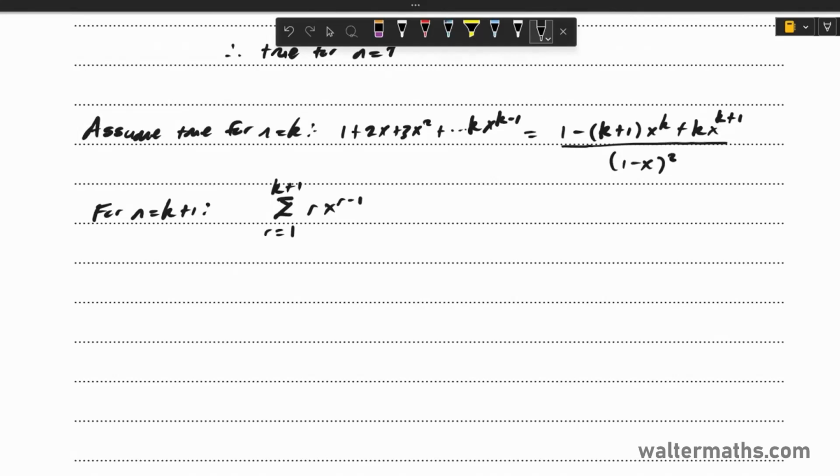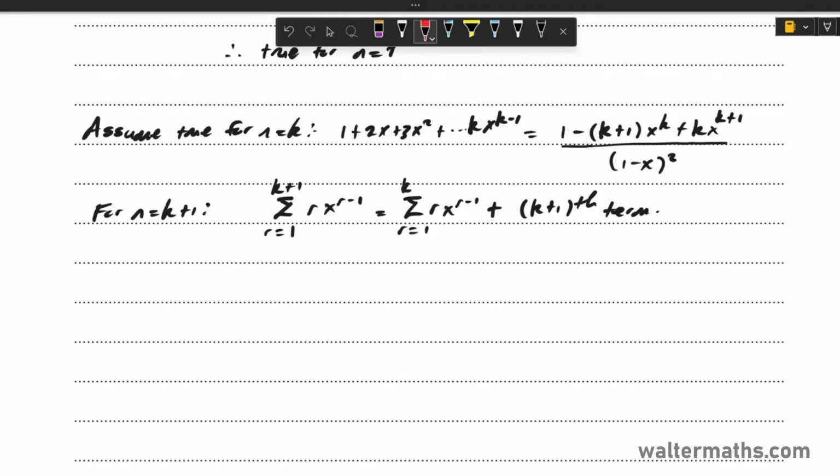Now this is going to be the same as the sum from r equals 1 up to k of terms of the form rx to the r minus 1, plus the k plus 1th term. I want you to understand what's going on.